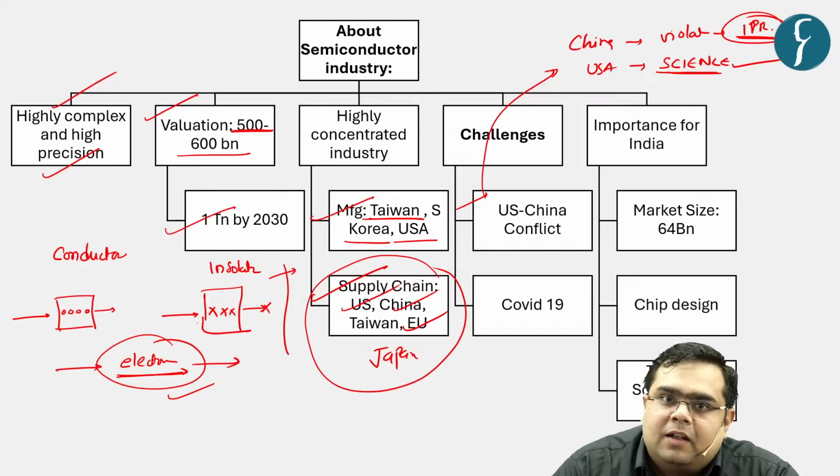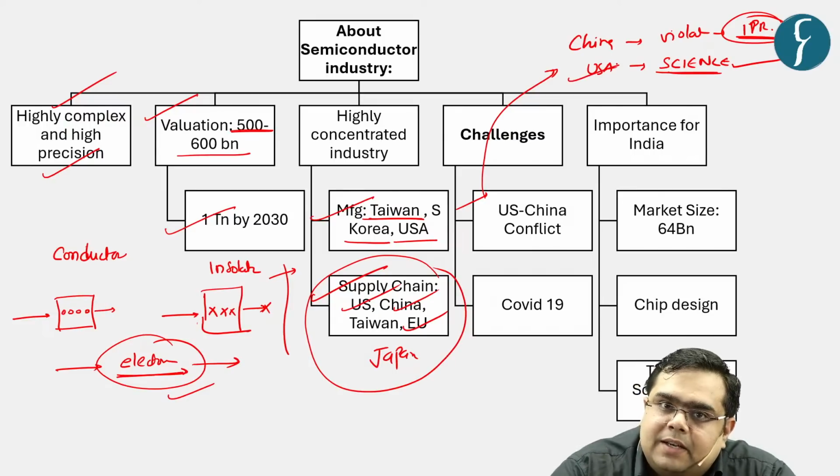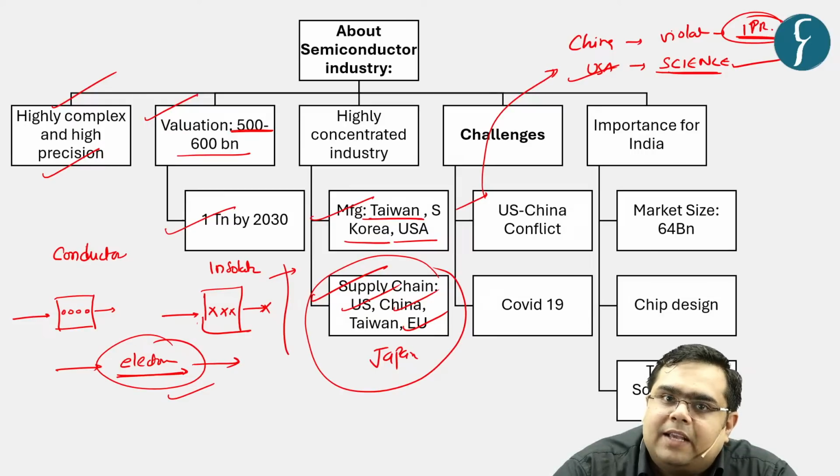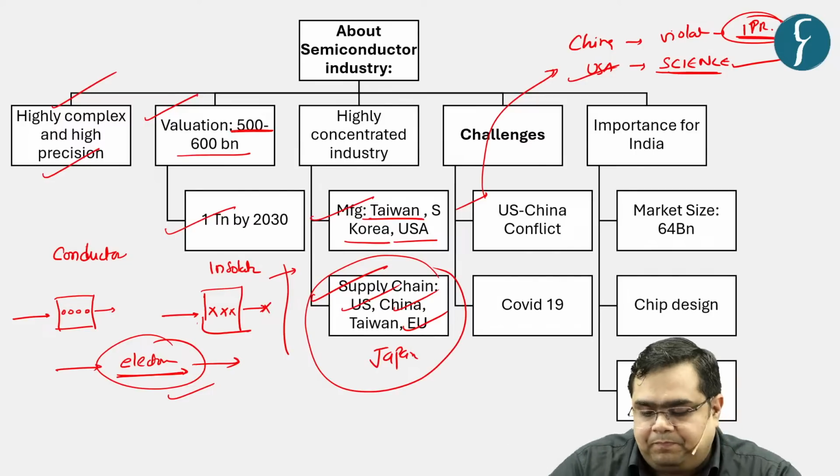In turn, China controls almost all of the raw materials which are required for the production of the end product. So once USA started sanctioning China, China responded by stopping the supplies of elements like gallium, which are essential for the production of these chips.